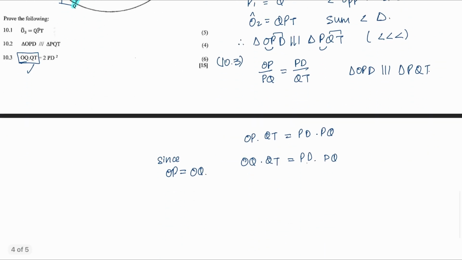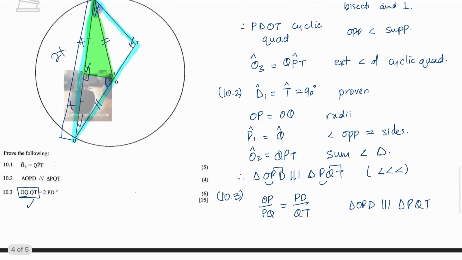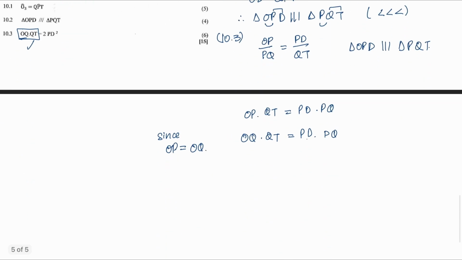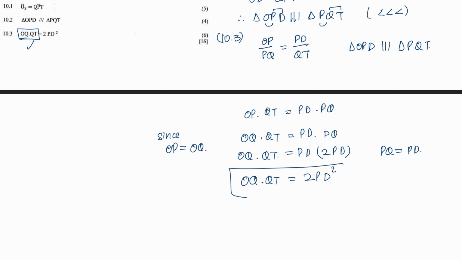So instead of writing PQ, I can write 2PD. So that's going to be PD, that's going to be OQ, that's going to be QT. And now I've basically got our answer. So OQ times QT is equal to 2PD squared. Done.